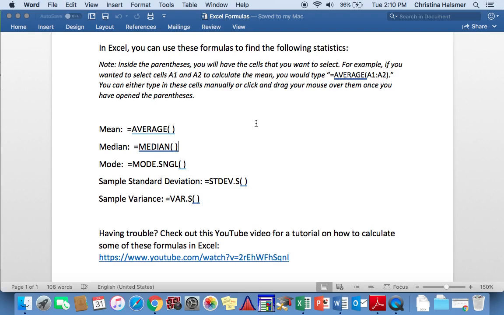This is the other sheet that I gave you in D2L, and these are also the ones that we used for project 2, so you may remember these. For the mean you would type in equals, average, and then parentheses, and inside the parentheses we would select the cells that we want to find the mean of.